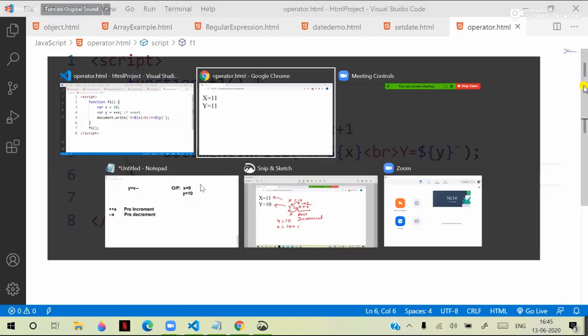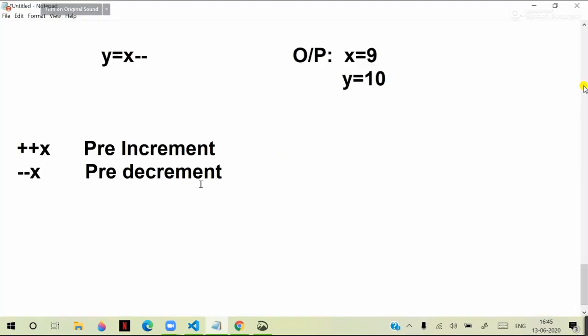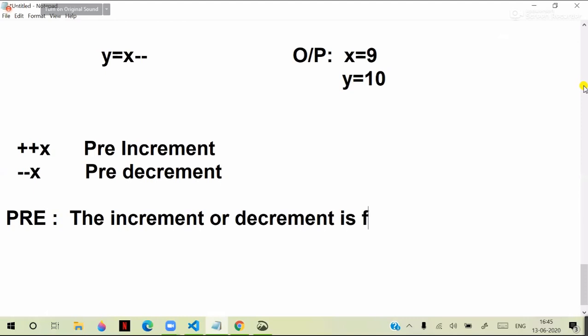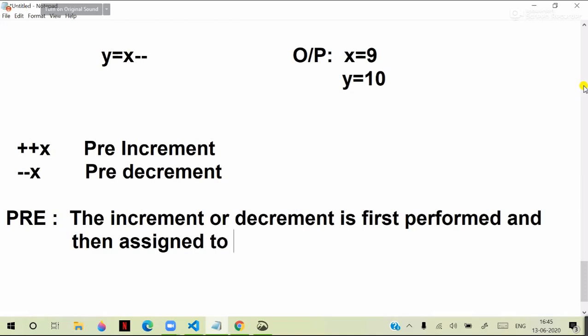So what is meant by pre? Pre means the increment or decrement is first performed and then assigned to the left operand.